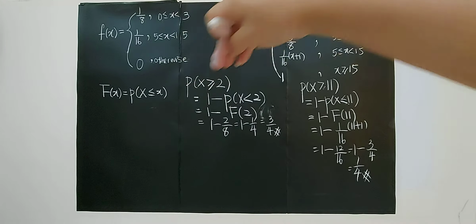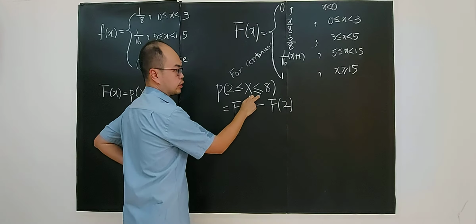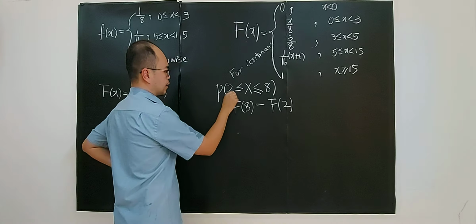If I use the cumulative distribution, it is very simple. Capital letter F(8), the upper value, minus the lower value, the 2 here: F(8) minus F(2). Whether they are equal or not equal, it all applies the same.